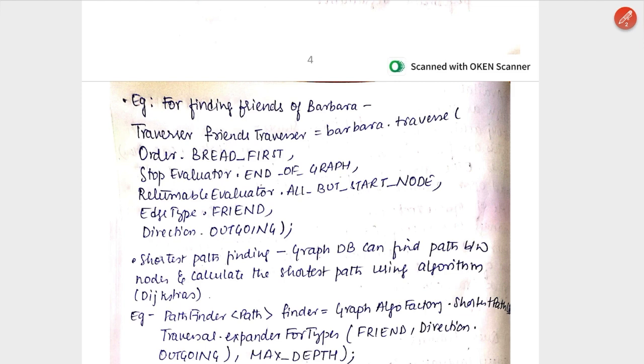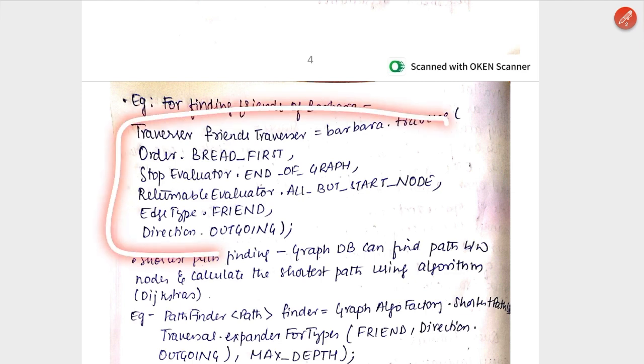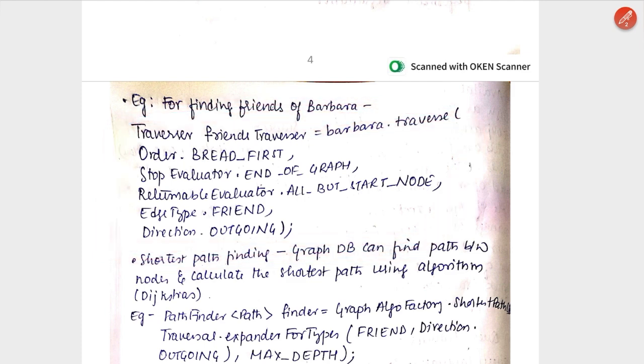The traversal is stored in the friendsTraverser object, and this code is useful for finding all nodes which are directly connected to Barbara through an outgoing friend relationship.